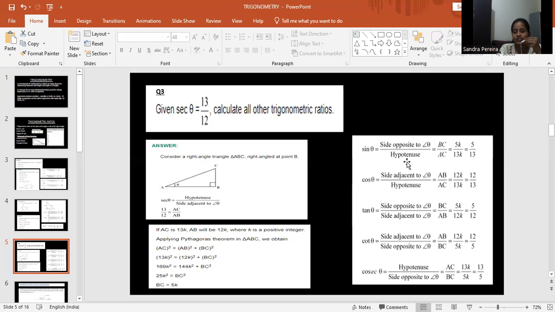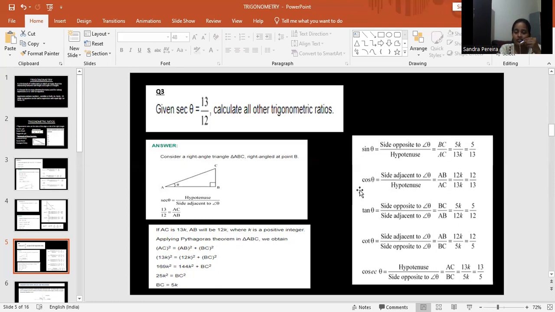P is the side opposite to angle theta, that is BC, and the hypotenuse is AC. We put the value of BC and AC, and after solving we got 5 by 13.